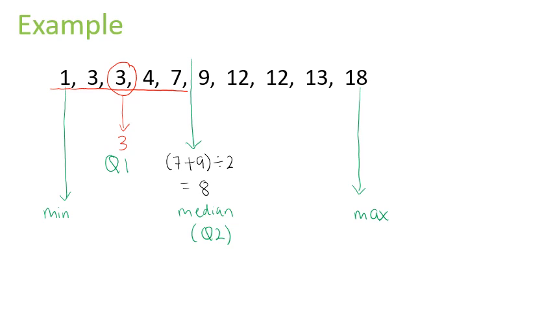And then the median of the upper values. So these are our upper values here. And the median is the middle. So that is 12. This is Q3. So that is basically the 5-figure summary.